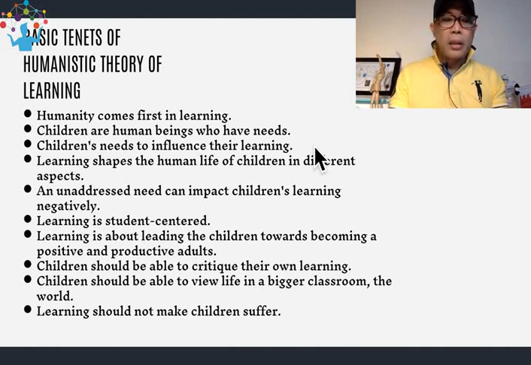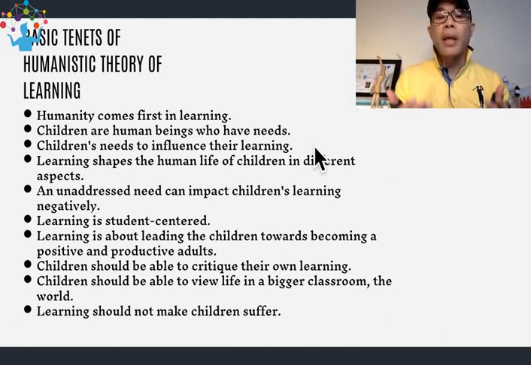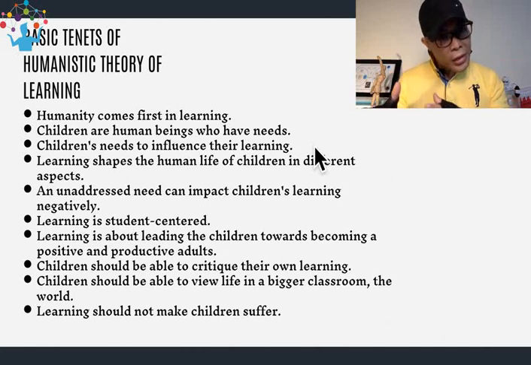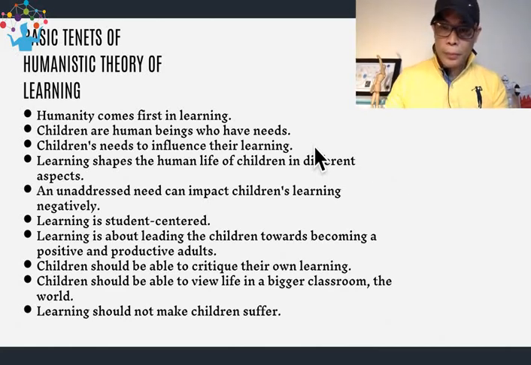And last but not least, learning should not make children suffer. So take note of this. Any form, any kind of learning that is happening inside a classroom should not make children suffer. Take note of that.